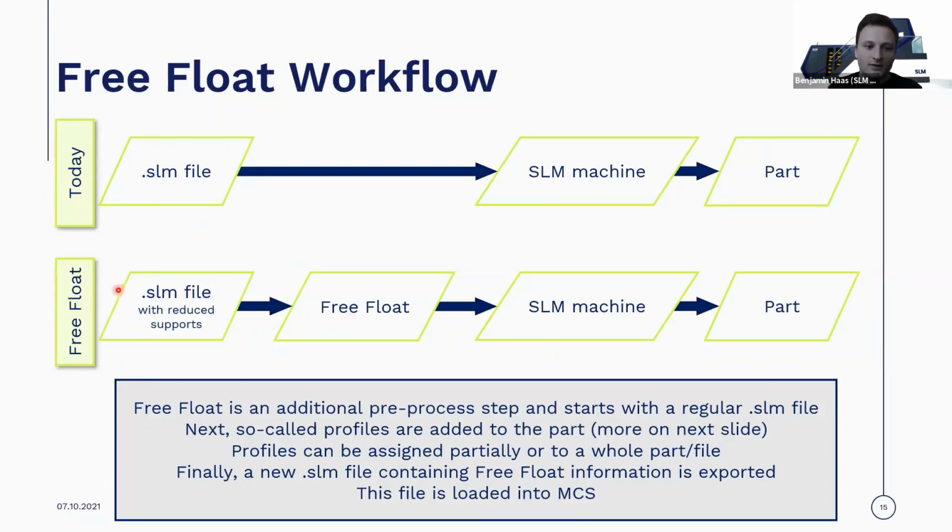And in order to create this SLM file, we are developing parameters that work specifically for FreeFloat. Of course, we've seen those profiles already do quite a lot of improvement for the part. But in order to really get the maximum out of it, we adapted the parameters to make them fit very well with those profiles. This is of course why it takes a little time.